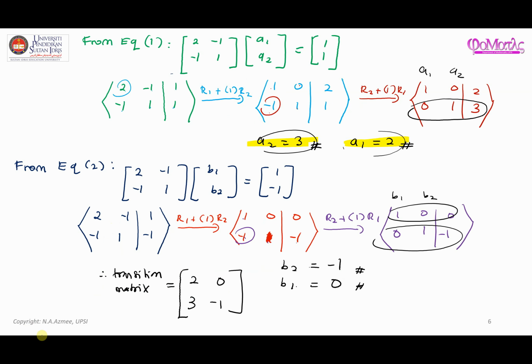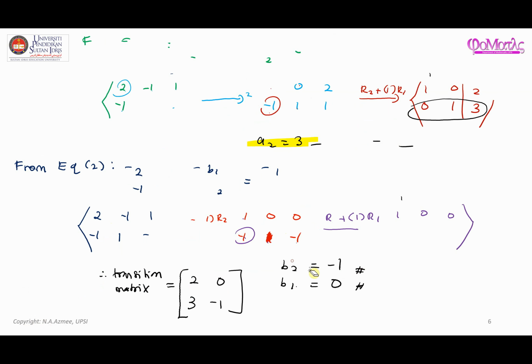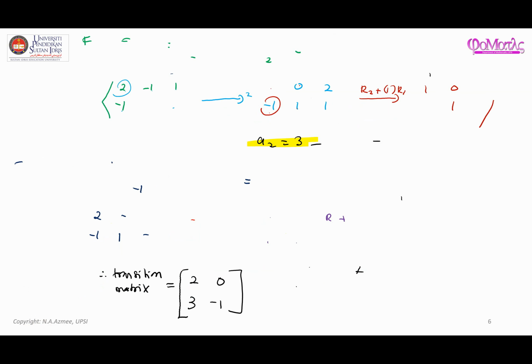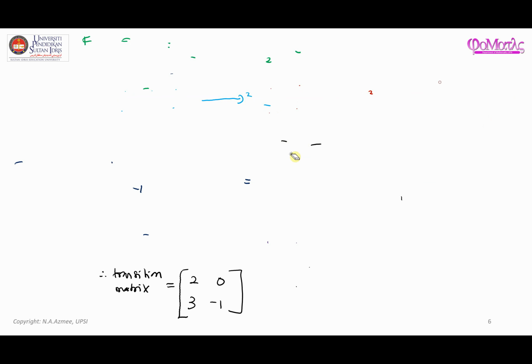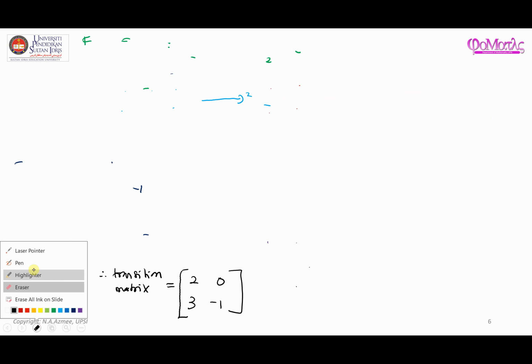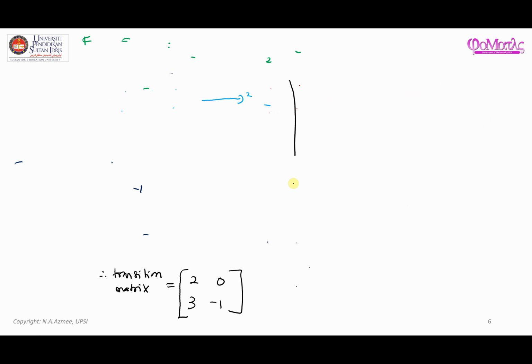Now, since we have obtained the transition matrix, I'm just going to erase this. I've got this space already cleaned up, just the right part here, so I'm just going to use this space.